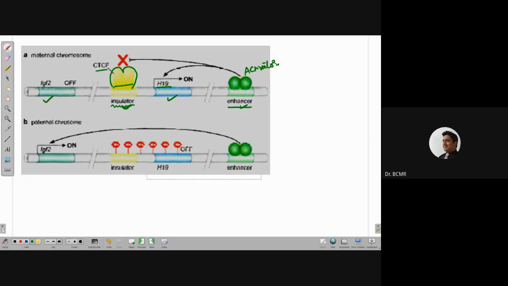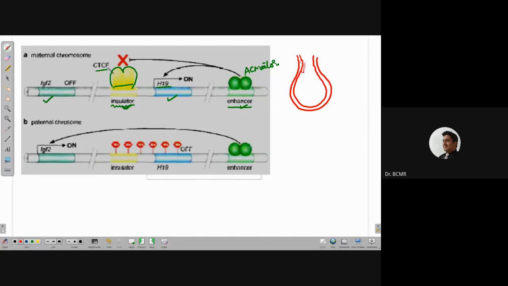Enhancer binds to activators, and activators are important proteins that are responsible for activating transcription from certain promoters. So activators will allow the formation of the mediator complex and other promoter transcriptional apparatus to allow transcription to happen.